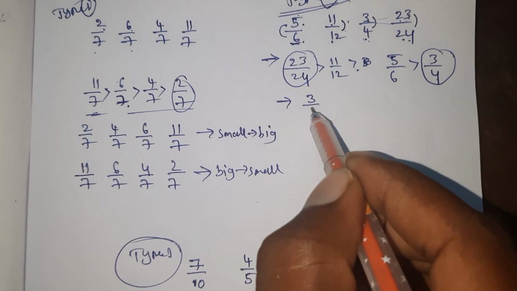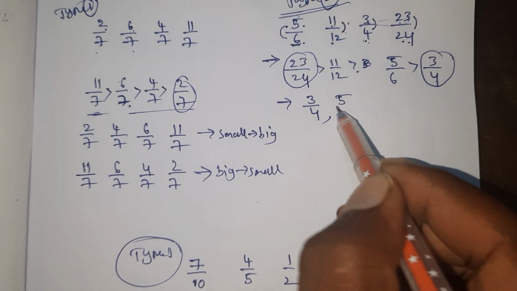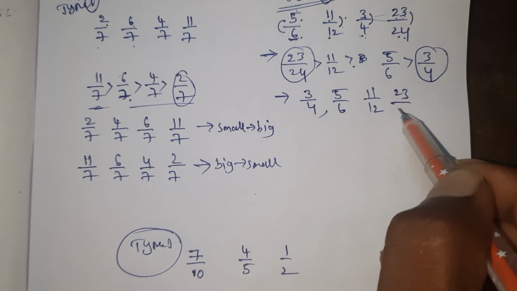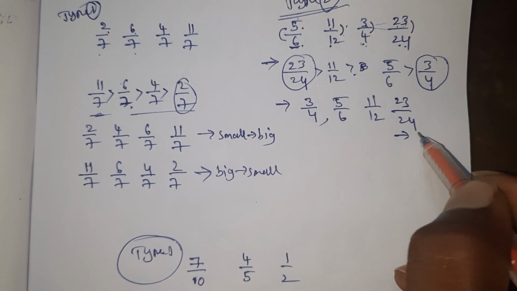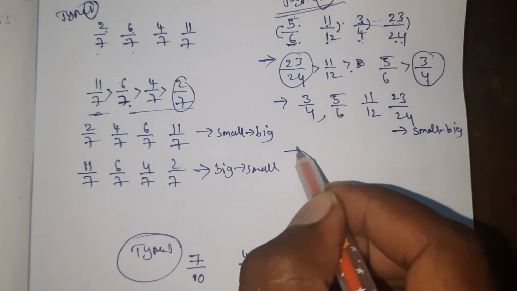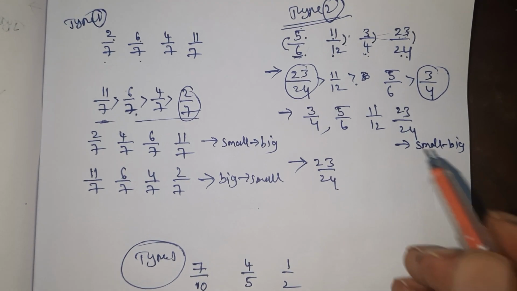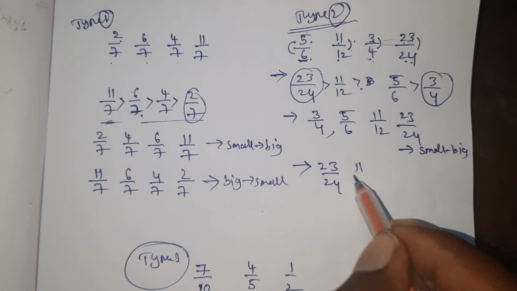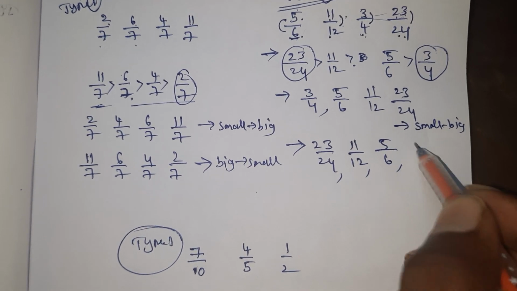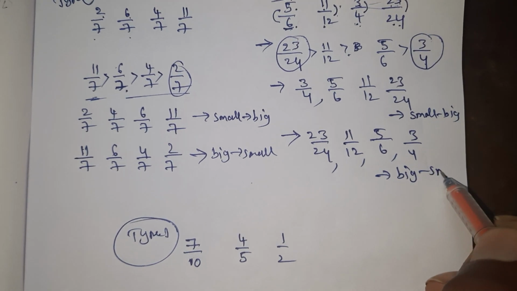The smallest fraction is 3 by 4, and next 5 by 6, and 11 by 12, and next 23 by 24. So this is ascending order, small to big. Okay, if you arrange in descending order, the highest fraction is 23 by 24, and next 11 by 12, and next 5 by 6, and next 3 by 4. This is descending order, big fraction to small fraction.